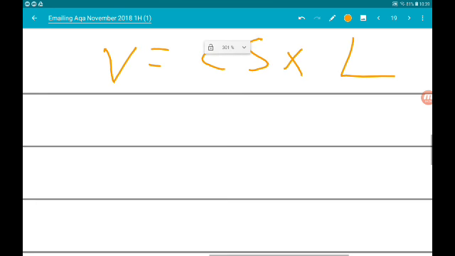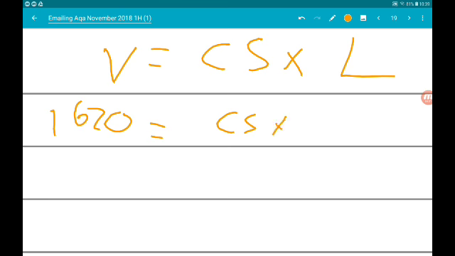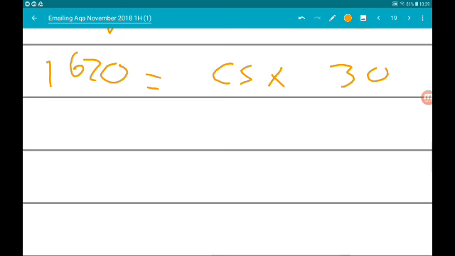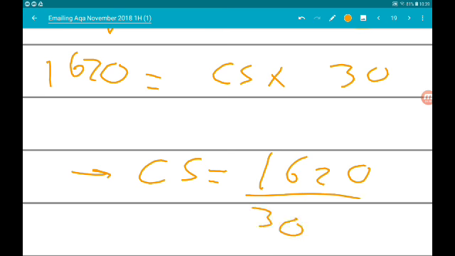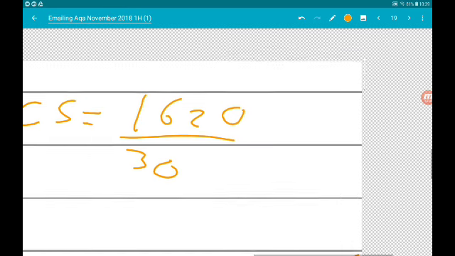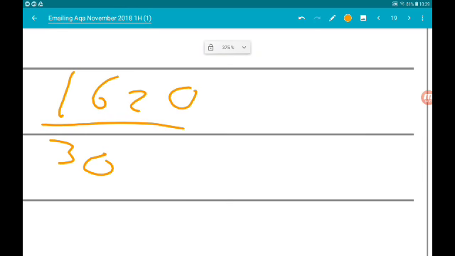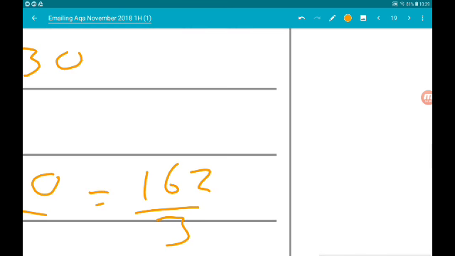So we now know 1620 is the cross-section times the length, 30. So that tells us the cross-section is 1620 over 30. Now, both of those have a common factor of 10, so it's 162 over 3. Bus stop can help us again.